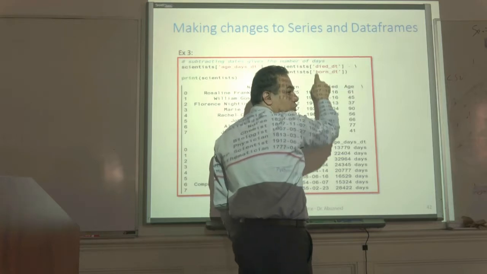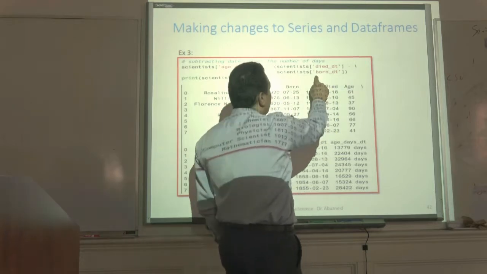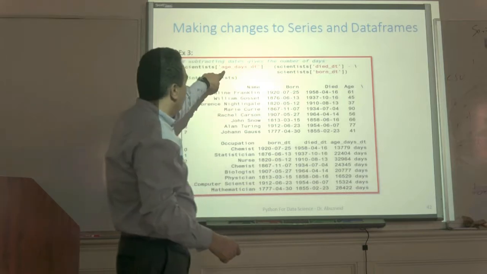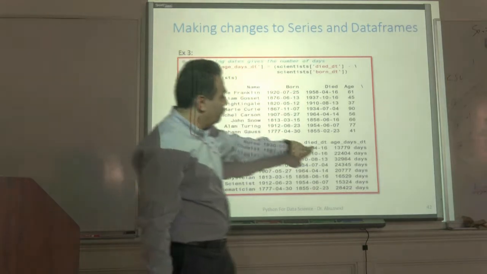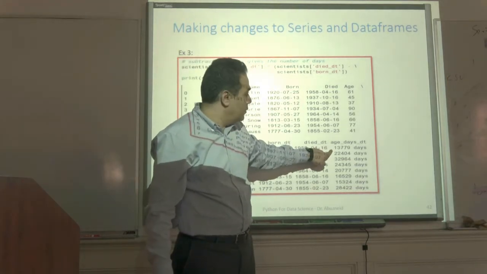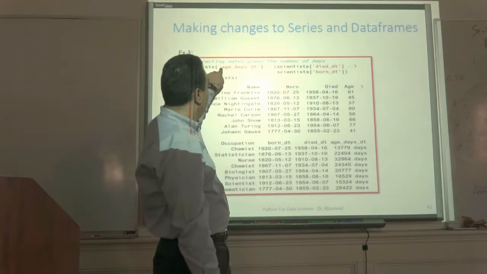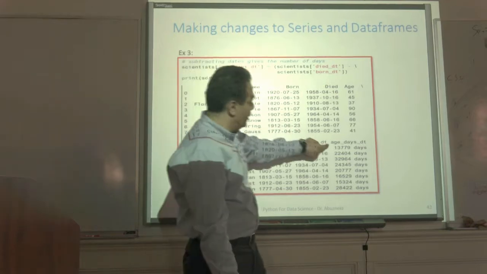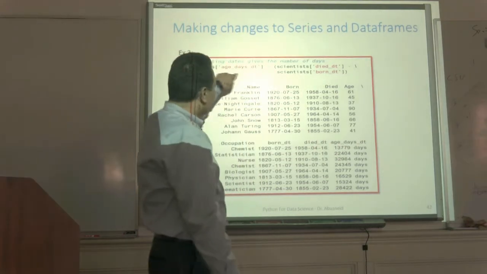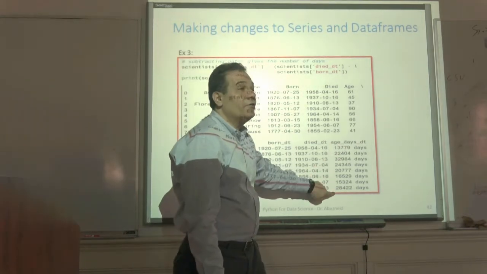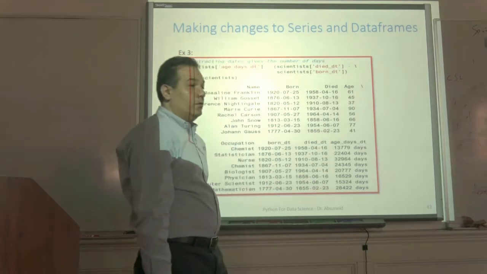Yes, because these objects are dates. I'm adding another column called the number of days. I added a column which is age days, that's the label of the column, and it calculated the days the person lived.